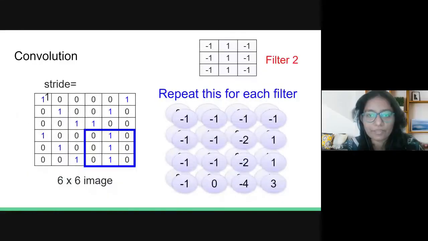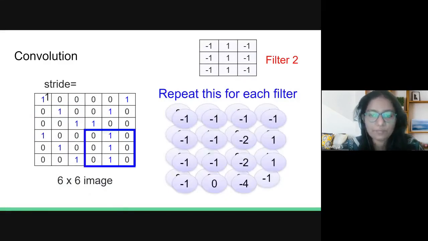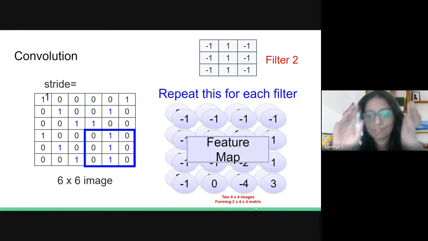Okay, so I'll continue now. We apply this for the second filter, and now we have two matrices, one for each filter. This is known as a feature map. From your 6 cross 6 image, you now have two 4 cross 4 images of sorts, forming a 2 into 4 into 4 matrix.